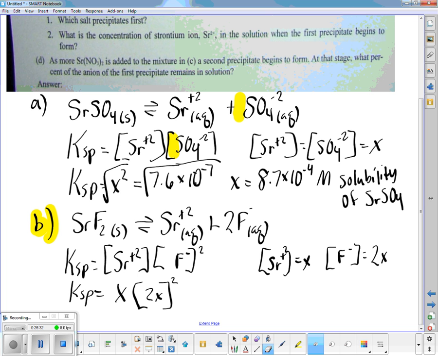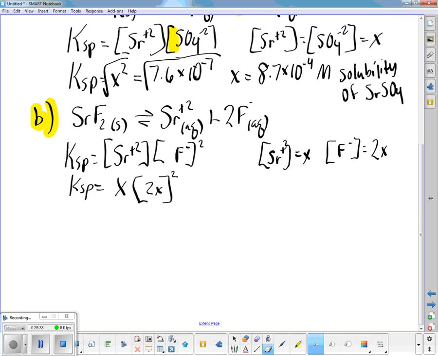Okay so far? So that's going to equal 2 squared is 4, X squared times X is X to the 3rd, right?